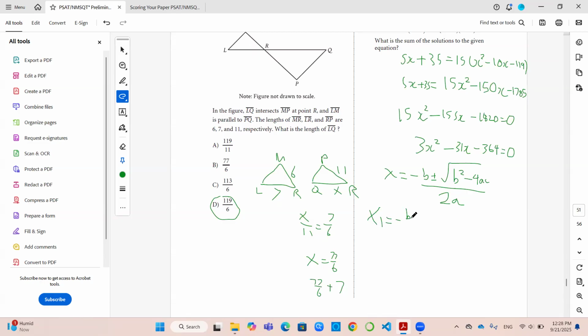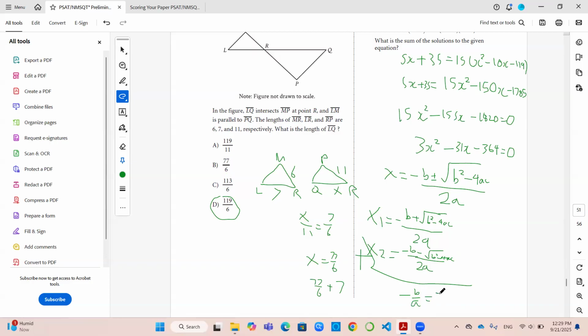So we have one solution that is, we have another solution that is, if we add up, these two go away, and we are given minus b over a.